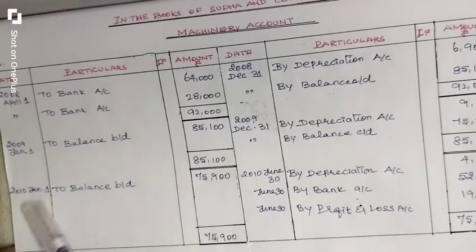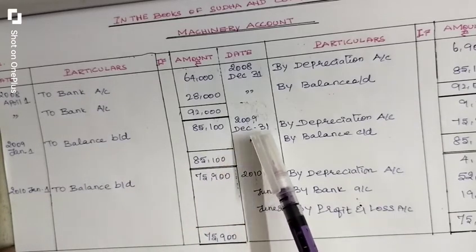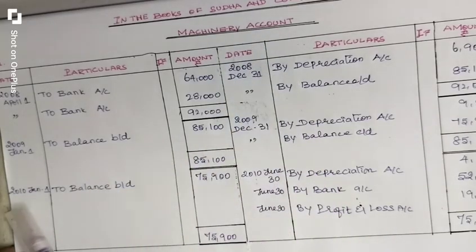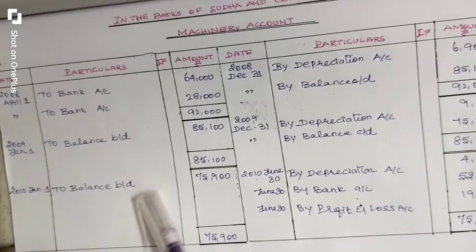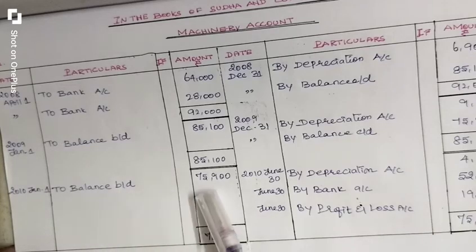This is the next accounting period, because 31st December is the closing accounting period for the machinery account. The next accounting date is 2010 January 1. To balance brought down 75,900. This is the opening balance of the machinery account for the next accounting period, 75,900.